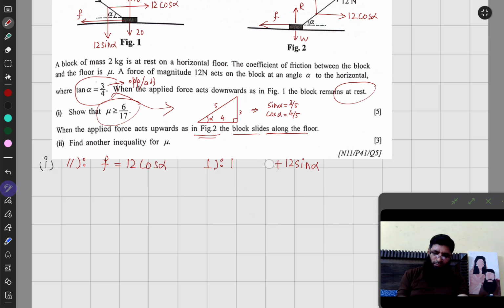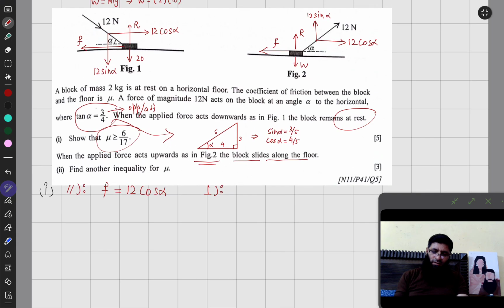We can change this equation now. You can see that upward forces are R and 12 sine alpha, and the weight is basically 20 newtons. So you will have 20 is equal to R plus 12 sine alpha.